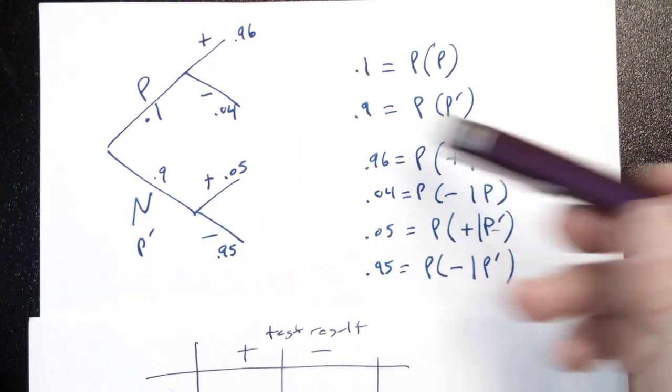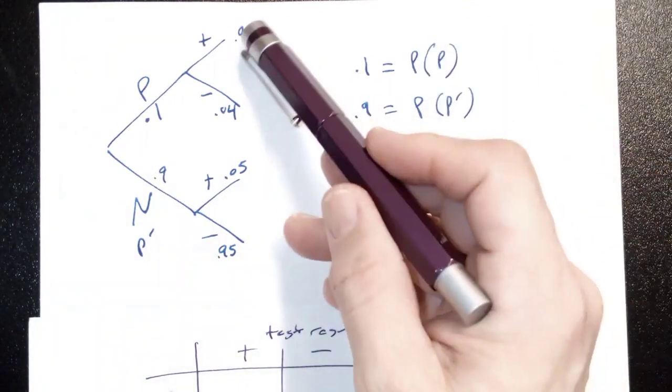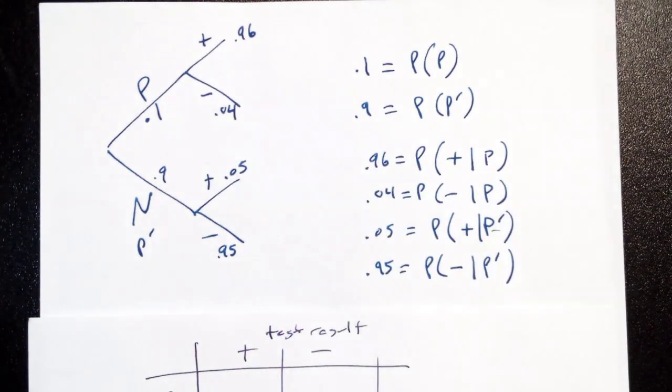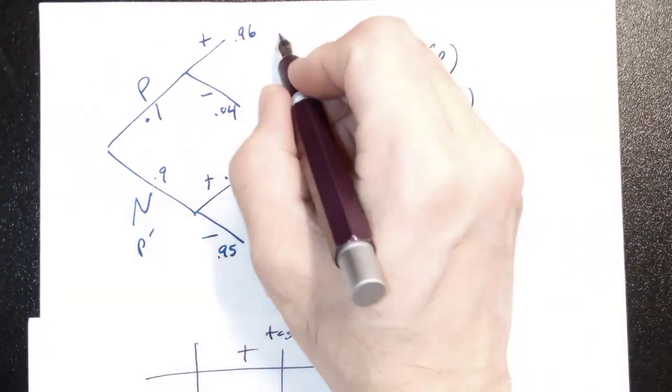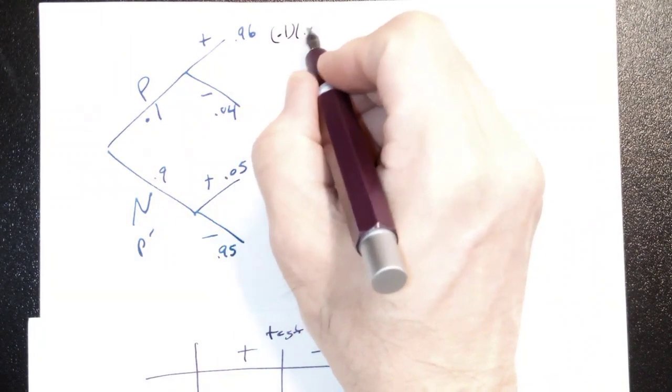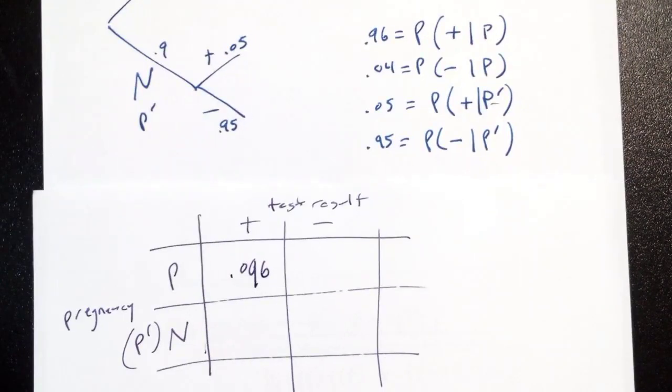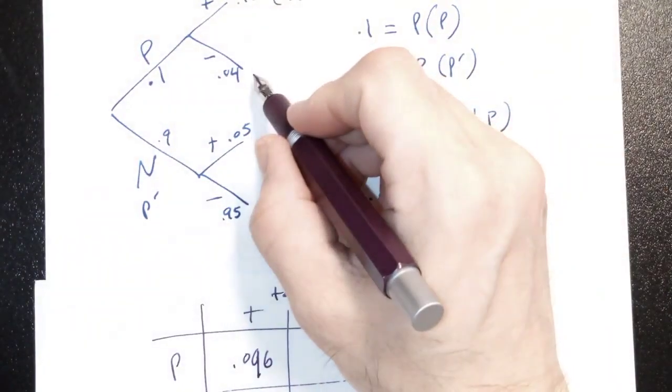Probability of positive given pregnant times the probability of being pregnant. So that's this branch, and when I multiply that out, 0.1 times 0.96 is 0.096. Hey, that's a familiar looking number. Wasn't that part of our fraction? What goes here?